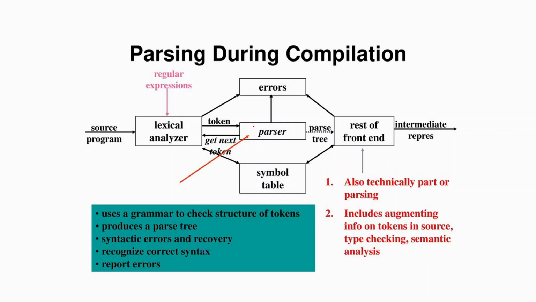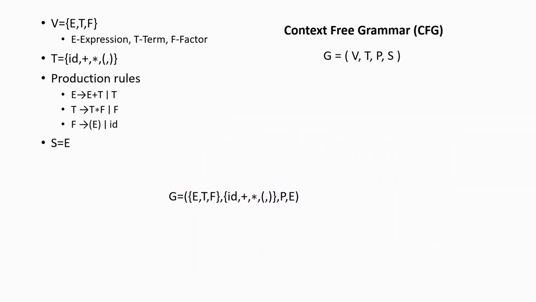While doing the parsing, it will check the token syntax by using the grammar which is available in the context-free grammar. It also produces the parse tree, and does error detection and error recovery. The output of the parser will go as input to the next stage, which is the intermediate code generation phase of the compiler.